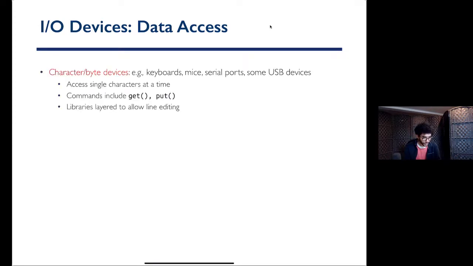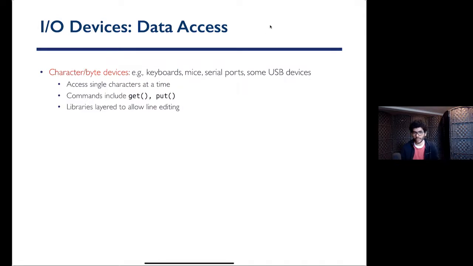Okay, so let's focus on the data access. Some devices, as we discussed, are byte addressable. So the unit of transfer is a single byte, a single character. For example, these are some of the examples: keyboard, mice, your serial port, some of the USB devices that you have.